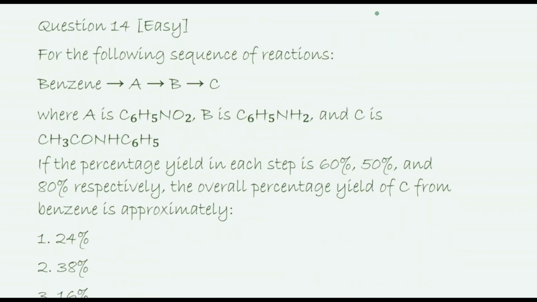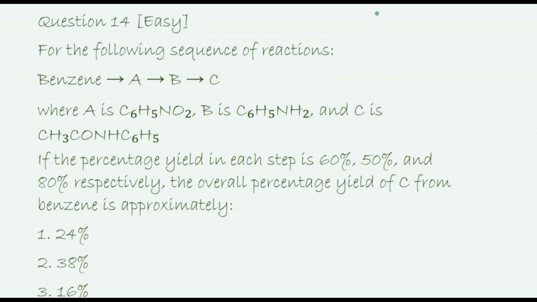Which of the following sequences is correct? Benzene gives A gives B gives C. So once again the same type, but still what is C? Which is CH3CONHC6H5. The percentage yield in each step is 60%, 50% and 80%.